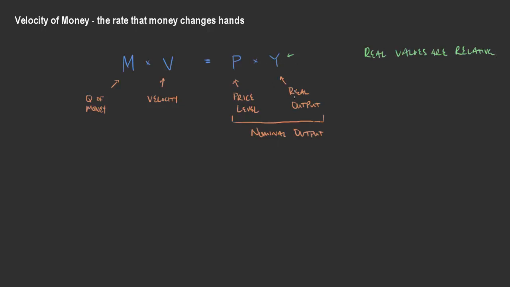When we talk about real output, we are taking into account a base year of price levels. So when it's real output, we're looking at the quantity of goods in period 1 times the price of goods in our base year. And then we sum up all of those quantities and prices, with the prices being in the constant base year.